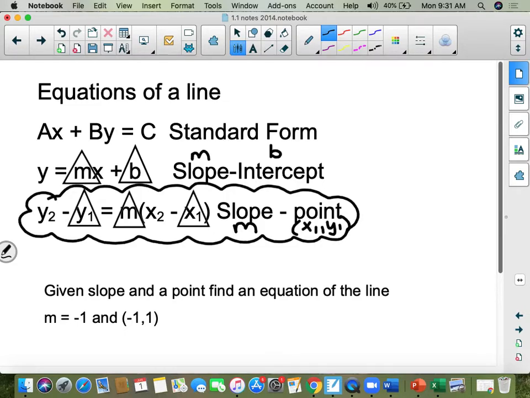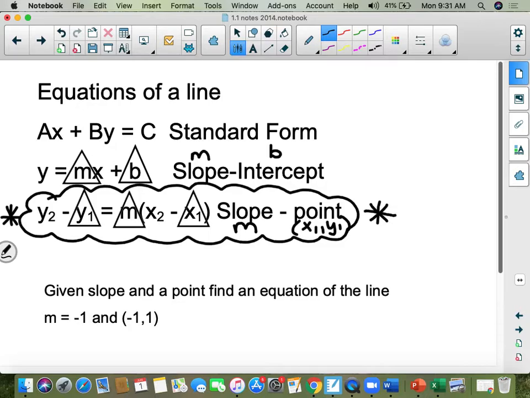This is the one we're going to use for the rest of the year. We don't use those other ones. We don't use Ax plus By equals C a lot. Maybe once in a while. We don't use y equals mx plus b. In calculus, we use y2 minus y1 equals m(x2 minus x1).